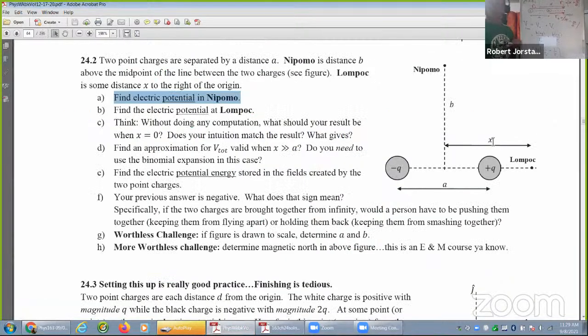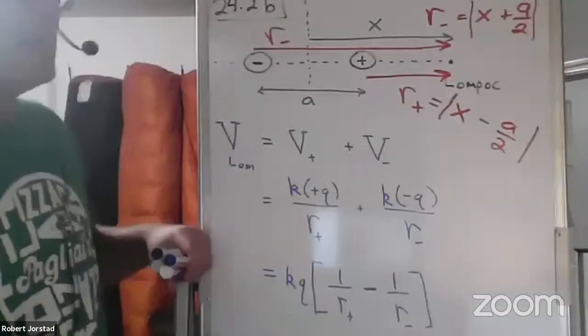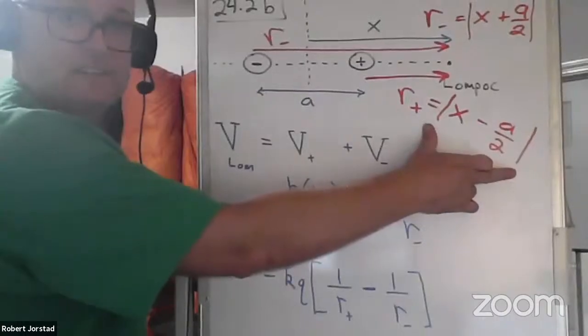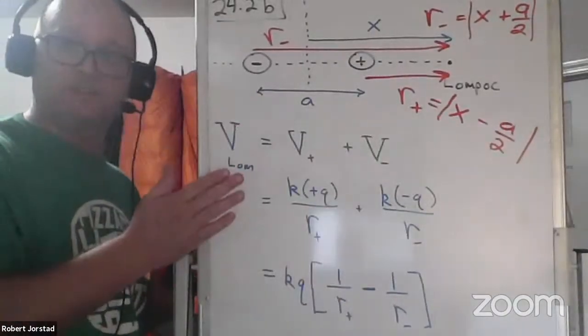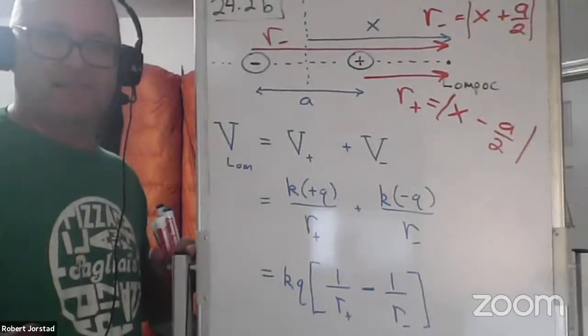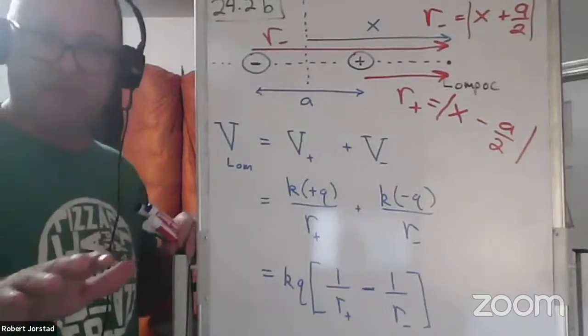Look, in the original picture, we assumed X was bigger than A over 2. That means any answer you get is only valid if X is greater than A over 2. If I go and check it at X equals 0, it might not be valid. In particular, if we don't include these absolute value signs, there's no reason to believe our answer should be correct at X equals 0. I think that's enough on that, but does anyone have any questions about that?